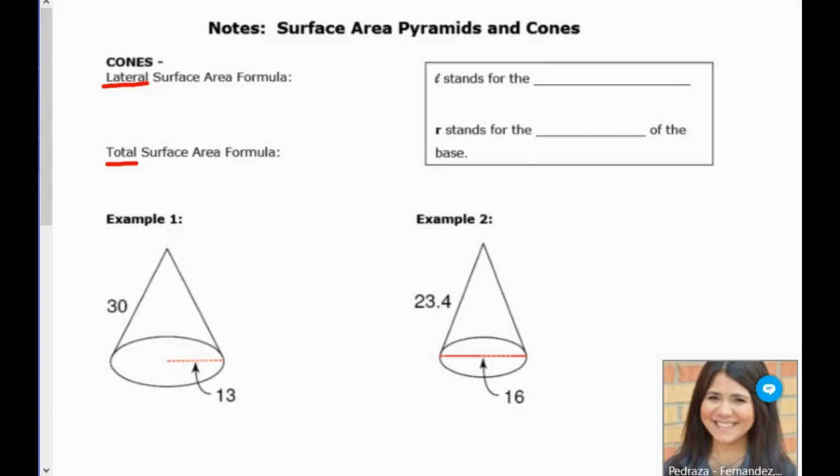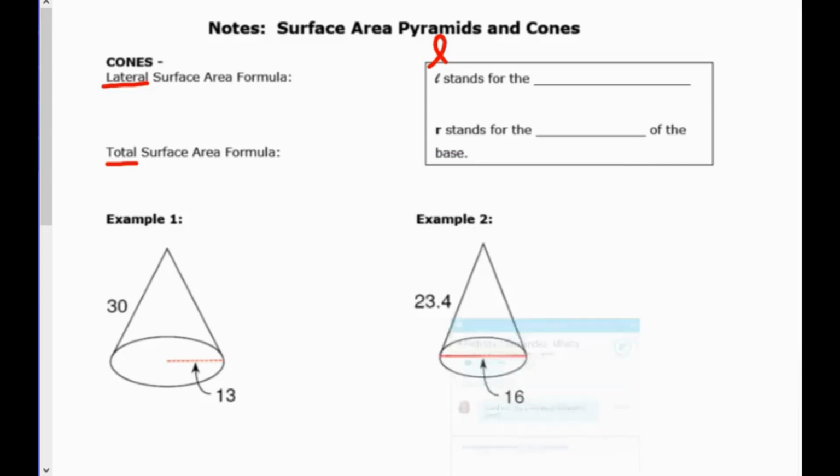So again, this right here is like a cursive looking L. That's how I would draw it, okay? Cursive L, what do you think L stands for? Now you would think it would be length, right? Kind of, okay? It's not really length. You could call it the slant length or the slant height is what we're going to actually call it.